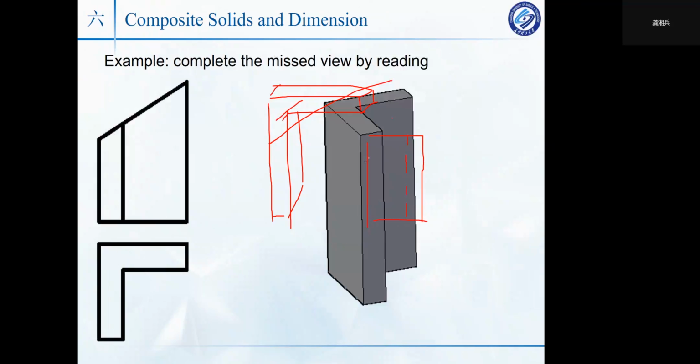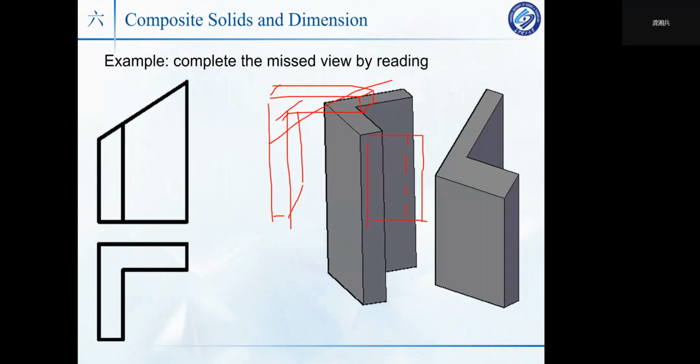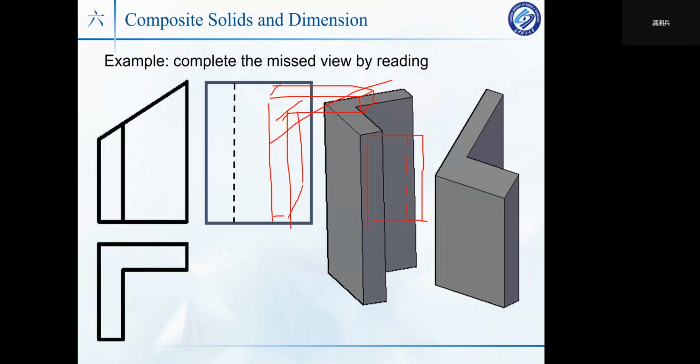First you draw just like here, then you cut here, like a plane cutting from this direction. How about here? You line them together and move this away.